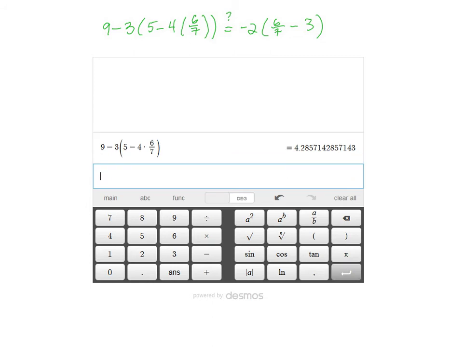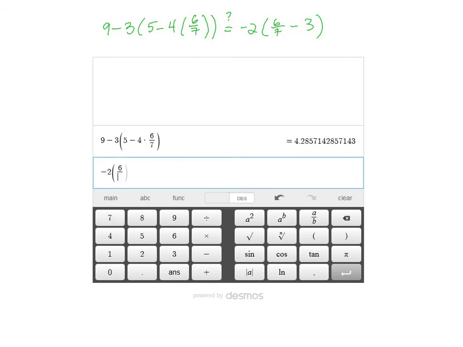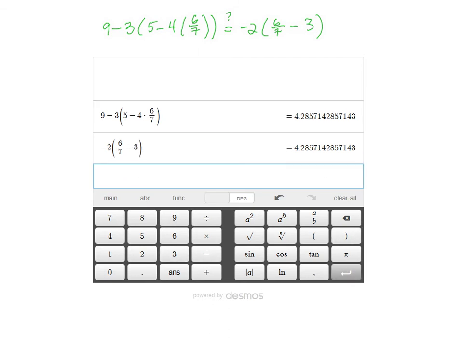Okay, so I have that, and now I'm going to check the right-hand side. So I'll input negative 2, and then parentheses 6 divided by 7 minus 3, and those parentheses, and then I'll enter that, and I can see at this point that those two are identical.